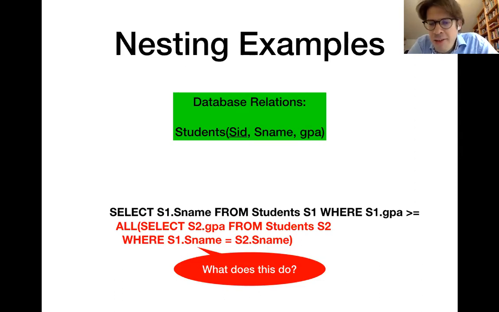And can anyone guess as to what this query is actually doing? So strictly speaking, we have not yet discussed in detail how to evaluate those correlated subqueries, but maybe anyone has a hunch about what this could be.